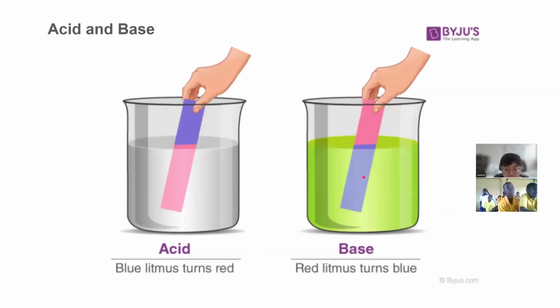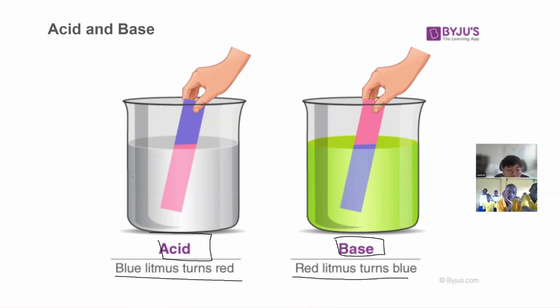All right. So let's get into some of the properties of acids and bases. So acids turn blue litmus paper red. That's their property. And bases turn red litmus paper blue. So if you put a blue litmus paper in acid, it becomes red.